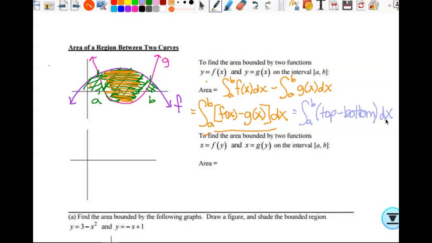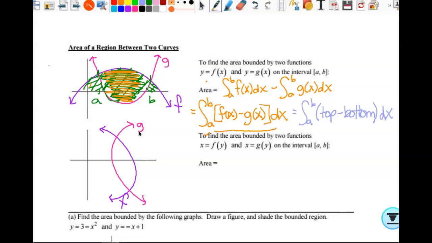So to find the area bounded between two functions, when you have y equals a function of x, this is what we get. If we have x equals a function of y, so if our picture instead looked like this, make this f, and make this g, right?